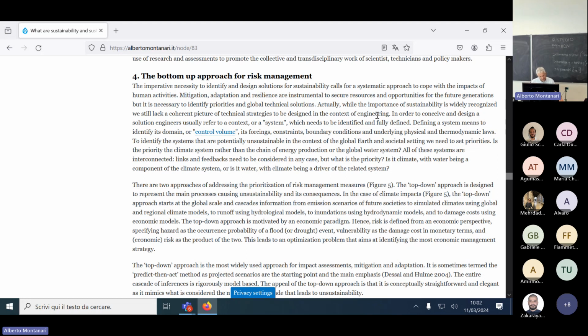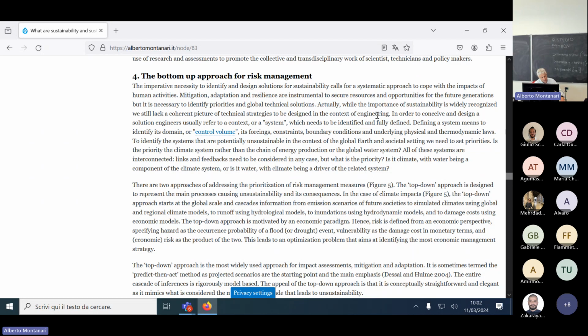The predominant scientific approach in solving socio-environmental-economic problems is to start from predictions, from models. In fact, we talked about climate models, for instance.